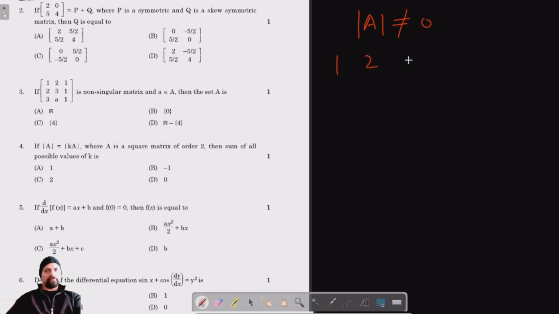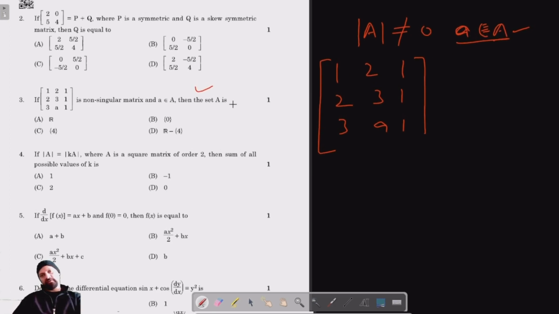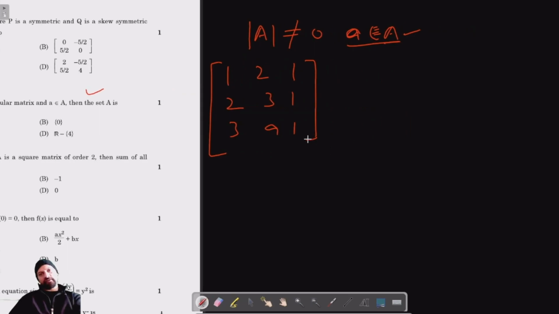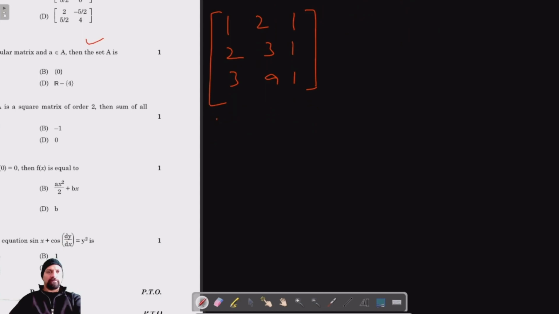So the given matrix is [1 2 1; 2 3 1; 3 a 1], where a is an element that belongs to some set A. Then what would be the value of set A? It's given that it's a non-singular matrix, so its determinant is not equal to 0. Let's find out its determinant.